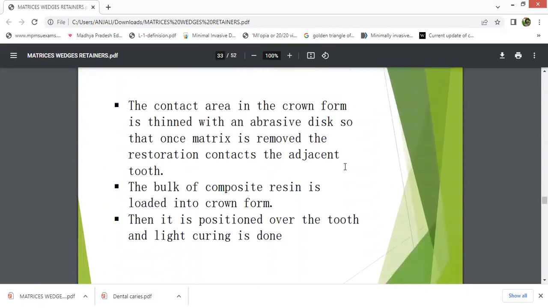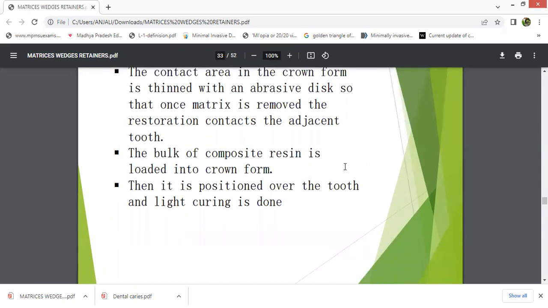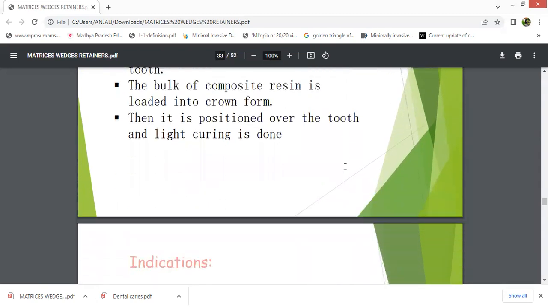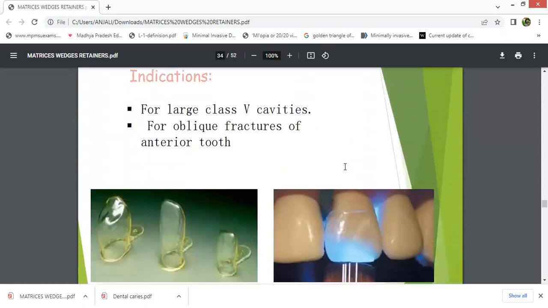The contact area of the crown form is cut with an abrasive disc so that once the matrix is removed, the restoration contacts the adjacent tooth. The bulk of composite resin is loaded into the crown form. This is then positioned over the tooth and light curing is done. Indication क्या है? For large class 5 cavities और for oblique fracture of anterior tooth.